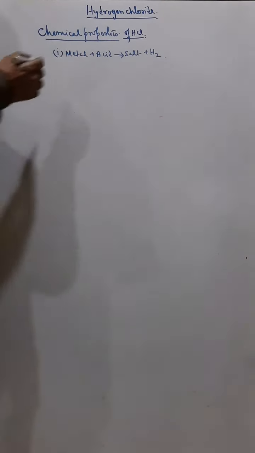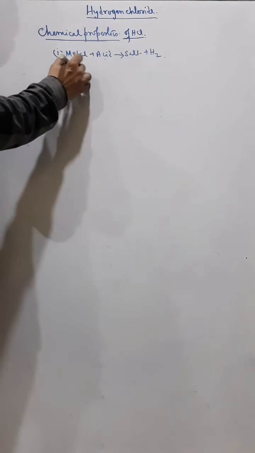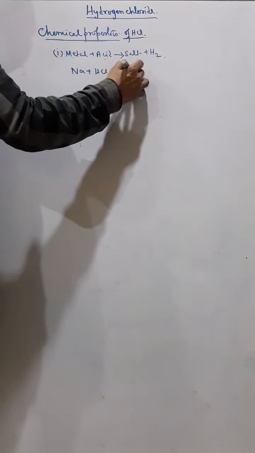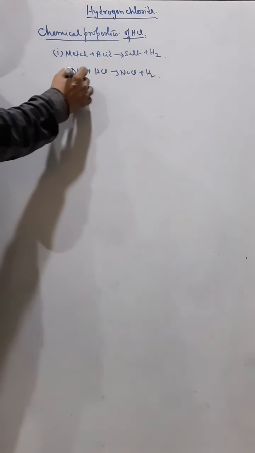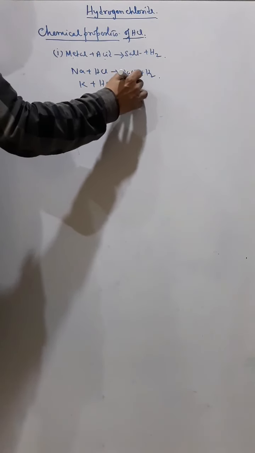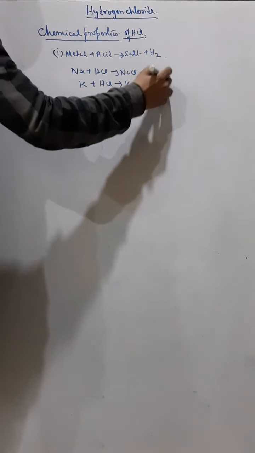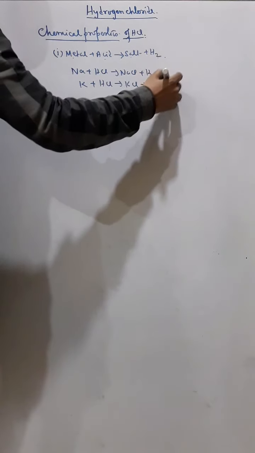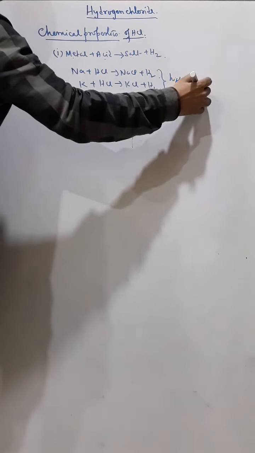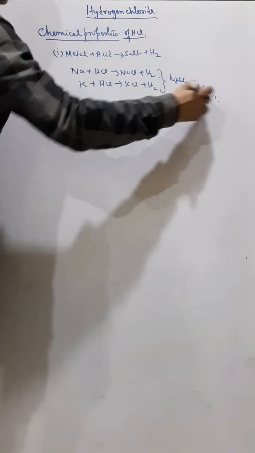You have already studied this, that metal plus acid gives salt and hydrogen. If I take Na plus HCl, you get NaCl plus H2. So this will be the reaction. If I take K plus HCl, we get KCl plus H2. But remember, these two reactions are highly explosive and hence neglected.